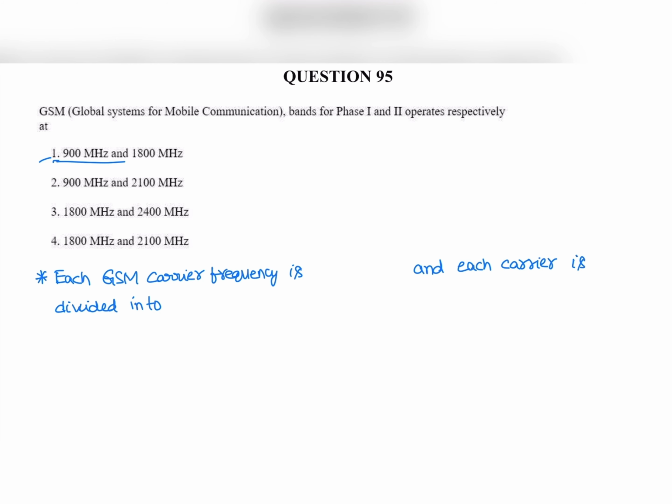Each GSM carrier frequency is 200 kilohertz wide, and each carrier is divided into 8 time slots using TDMA, time division multiple access.